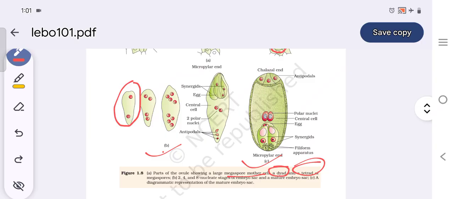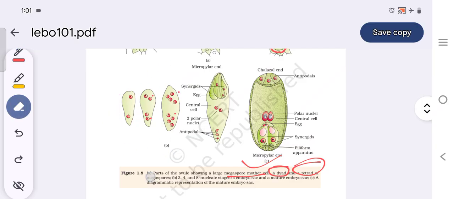The nucleus inside this embryo sac is dividing mitotically. So first mitotic division gives 2, second mitotic division 4, and the third mitotic division 8. So 2, 4, and 8 nucleate stages within the embryo sac.